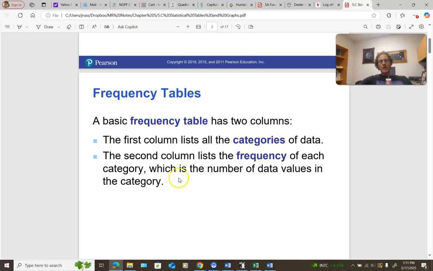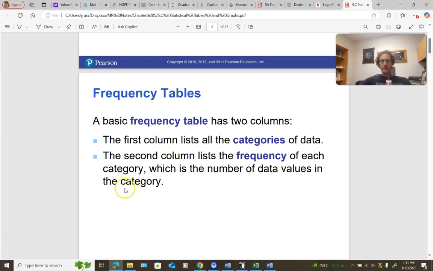Look at number 2. It says the second column is going to list the frequency of each category. In other words, the number of data values that pertain to that particular category. So a very simple frequency table would be, let's say you had gone out and you had asked a bunch of people, what's your favorite color? Or what's your favorite flavor of ice cream? And you got all those responses.